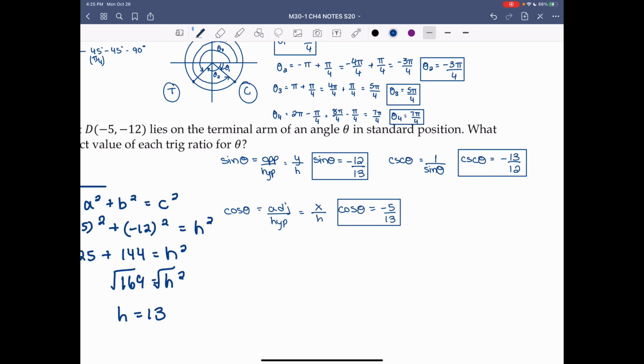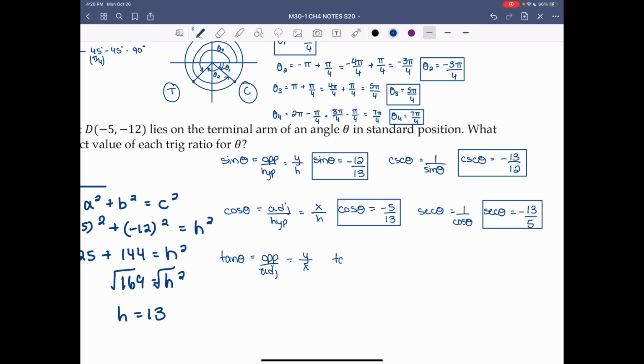Then the reciprocal trig function, secant theta, is 1 over cos theta. In this case, secant theta would equal negative 13 over 5. And tan theta is opposite over adjacent, which is the y value over the x value.